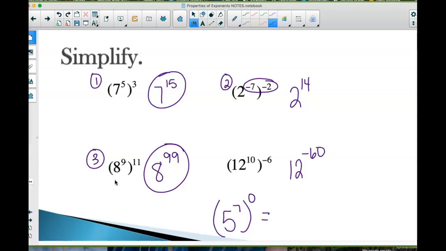What would that be? 1, right? I would accept either of these answers. You could either write 5 to the 0 power or 1, because remember, anything to the 0 power is 1. Okay, questions there at all?